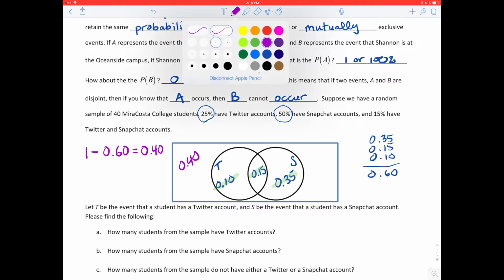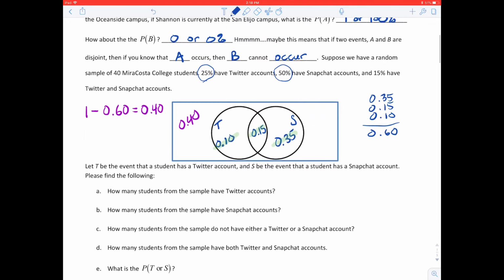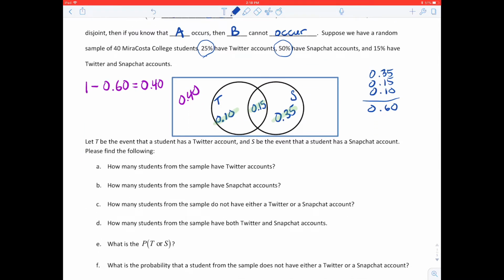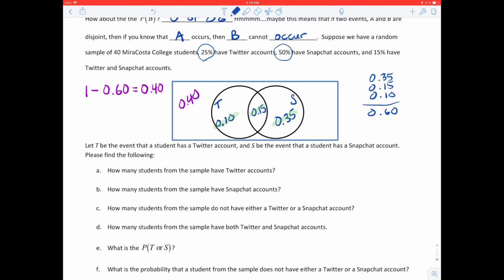Okay, so now let's answer these questions. We've got all the information we need. How many students from the sample have Twitter accounts? Well, we know that 25% have Twitter accounts from the above information. We also know that there are 40 students.